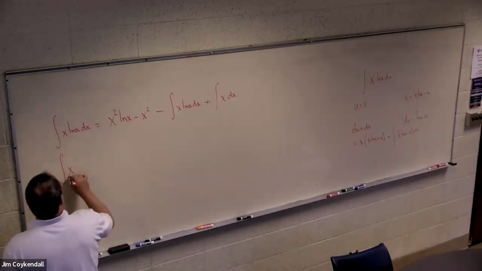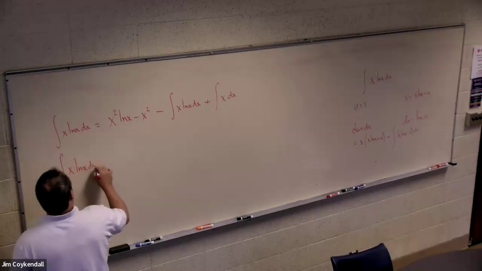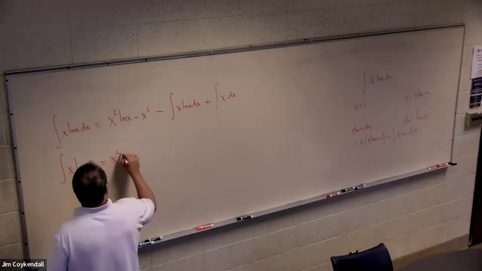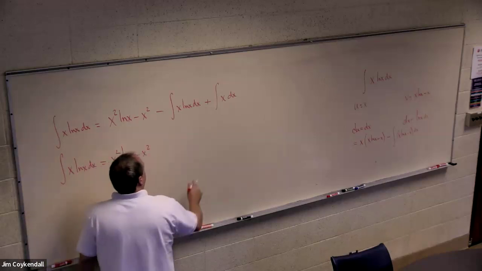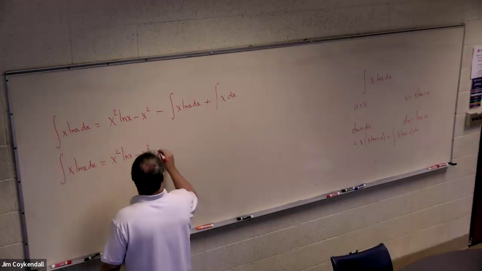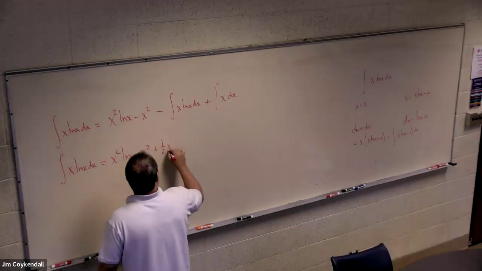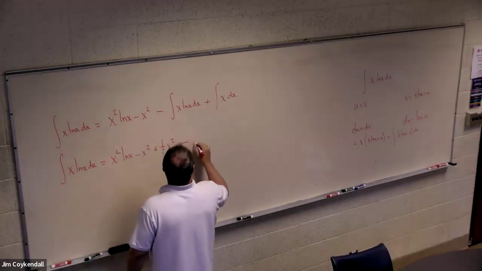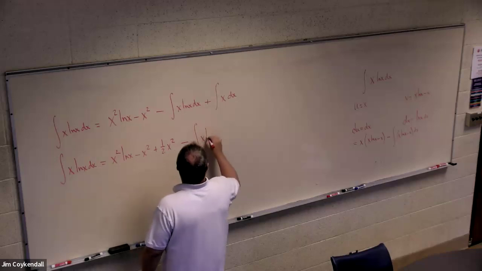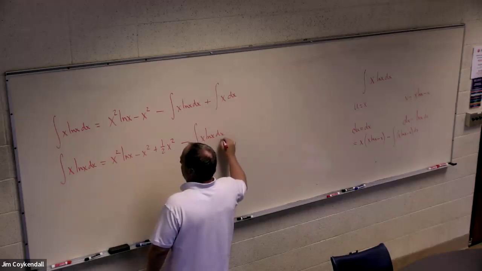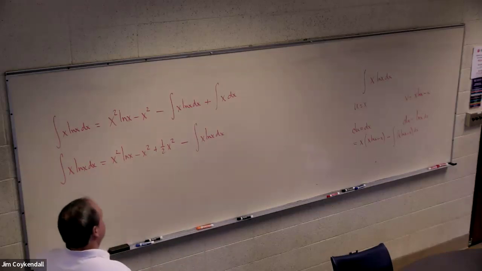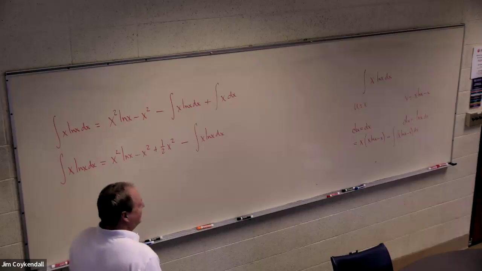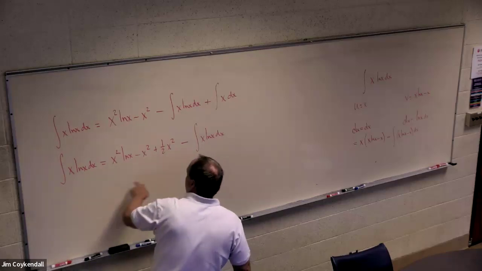So I get x log x dx. x squared log x minus x squared. This thing becomes plus 1/2 x squared minus the integral of x log x. It works, because I'm going to bring this over here.